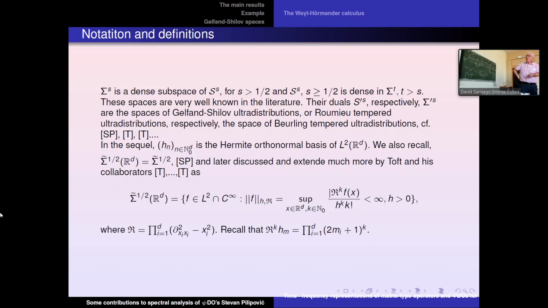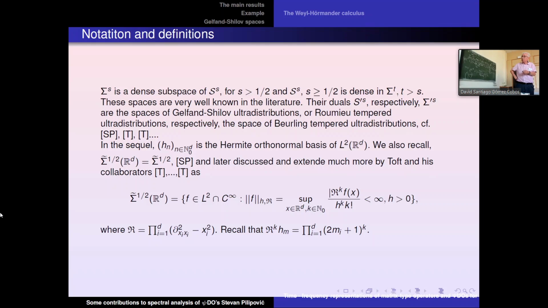Many years ago, in more than 40. So these are what is missing here is Hn. These are eigenvalues of operator r to the power k, and here you should have Hermite function, which are just products of one-dimensional Hermite functions, so everything works well.